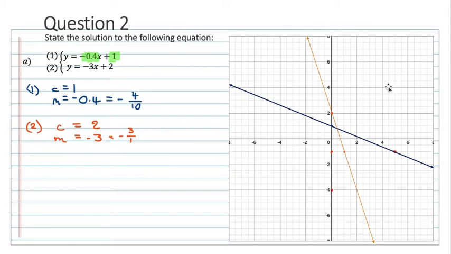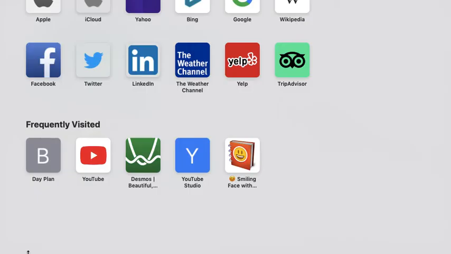So what we can see is it's a little bit hard from this hand drawing. If you use a ruler yourself, it will look much better. So what I'm going to do is jump over to Desmos.